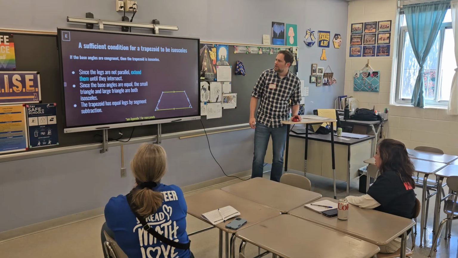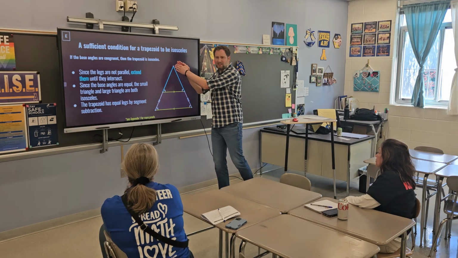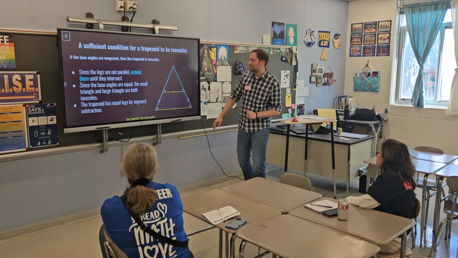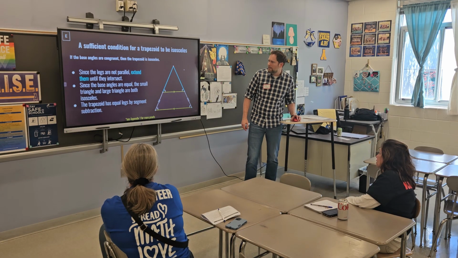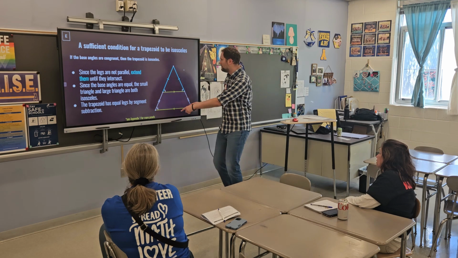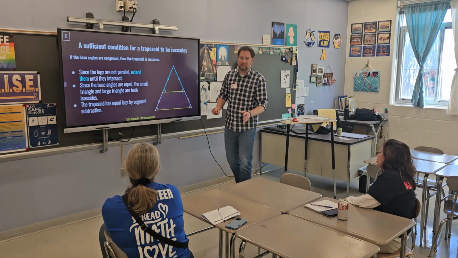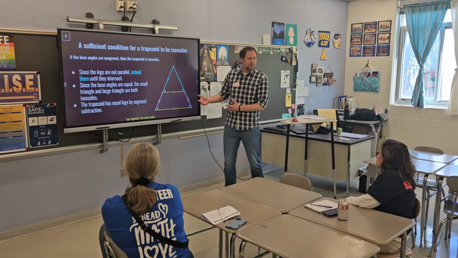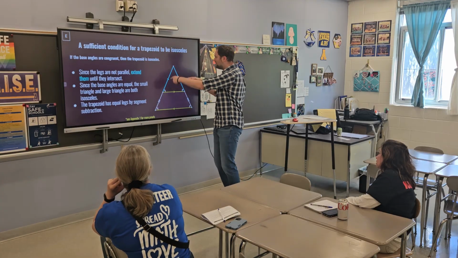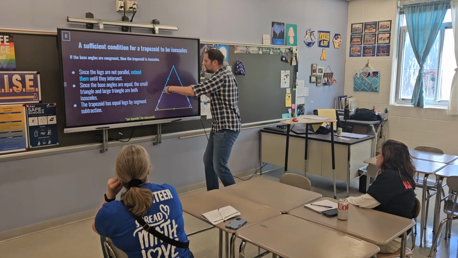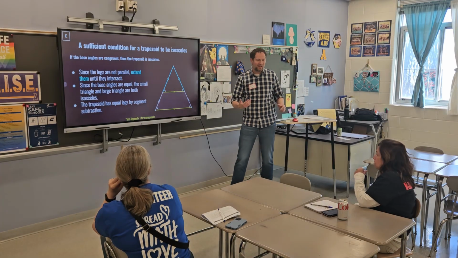The way this proof might go is we extend the legs until they meet, and since the base angles are equal, this is an isosceles triangle, and this is an isosceles triangle, so we're making use of that fact from isosceles triangles. Then by segment subtraction, if these two are equal, and these two are equal, it follows that the legs must be equal. And we're done, right? That's the way this goes.